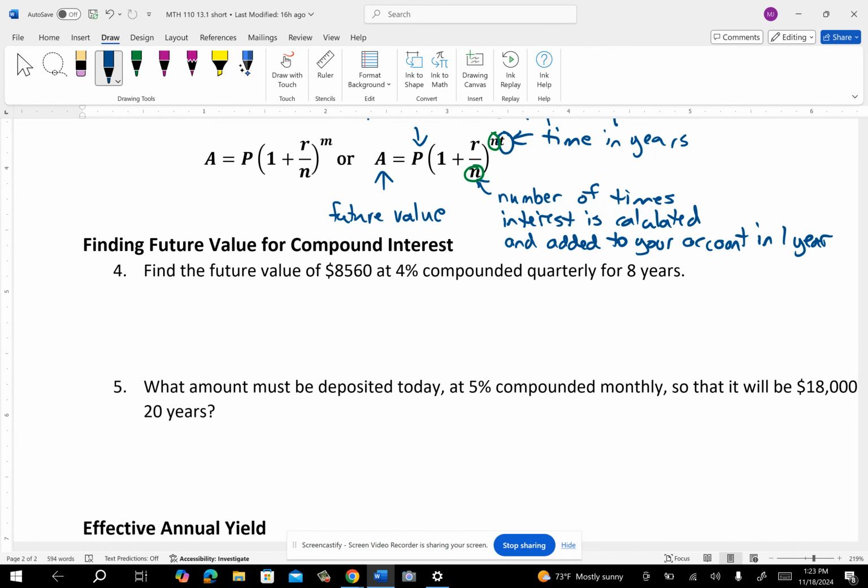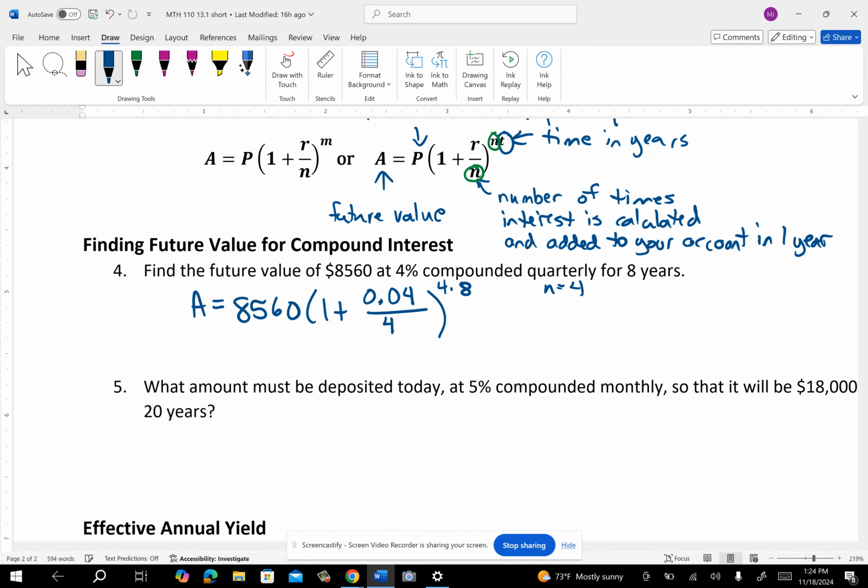So we're going to be using that formula that you see above it. A is what we're looking for. The 8560 goes in for the P. The R is 0.04. Quarterly means N is 4, so we're going to put a 4 there. And then the exponent is going to be 4 times 8.